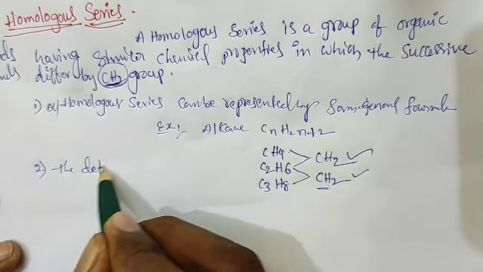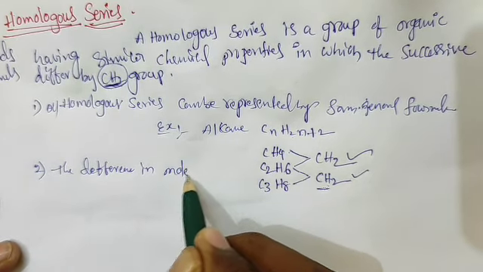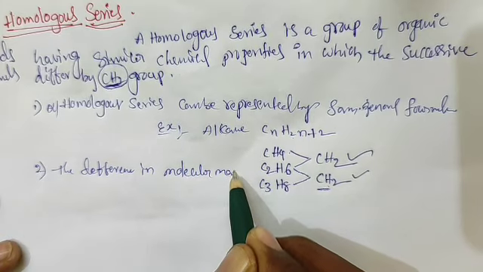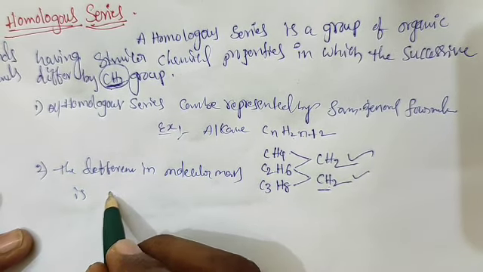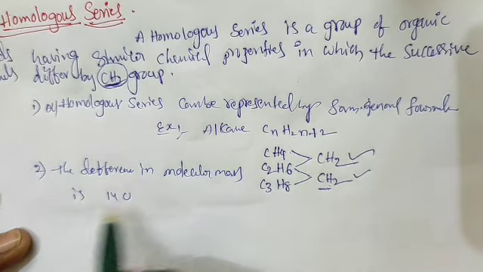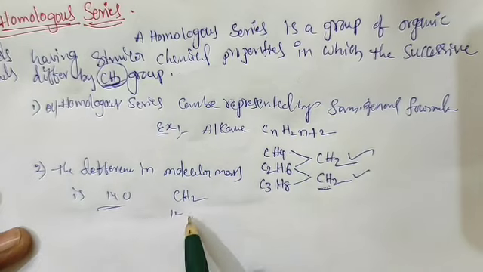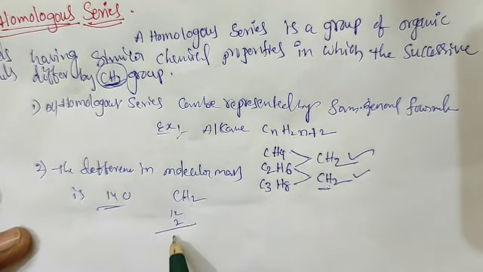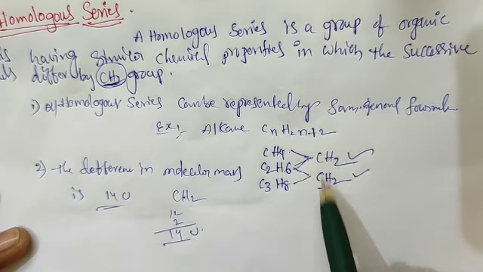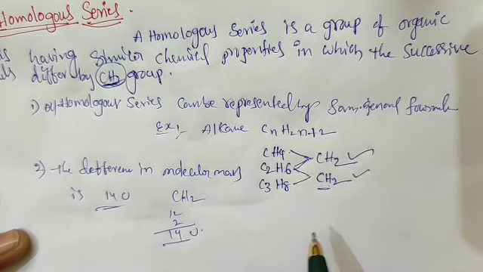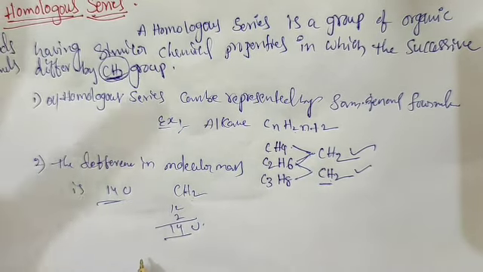The difference in molecular mass is how much? 14 units. How 14 units? CH2 difference means carbon 12, hydrogen 2 atoms 2, totally 14 units. For two successive members of homologous series, the difference is CH2, and the mass difference is 14 units.